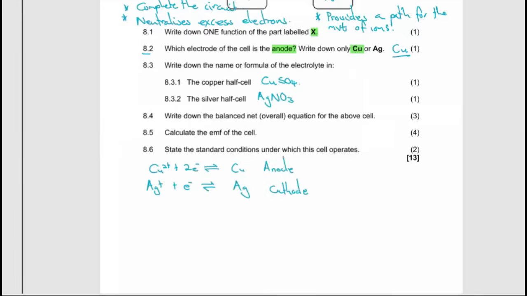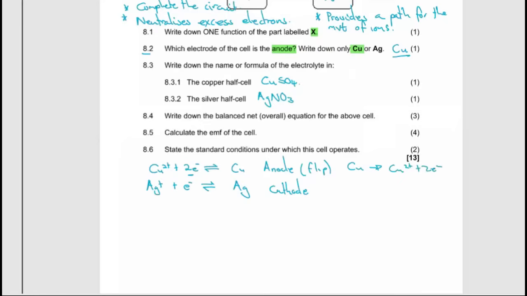Remember what we do with the anode? We flip it. Why do we flip it? Because oxidation takes place at the anode. How do you define oxidation? It is the loss of electrons. This one is gaining electrons, so to show the loss of electrons the equation is Cu gives Cu2+ plus 2 electrons.